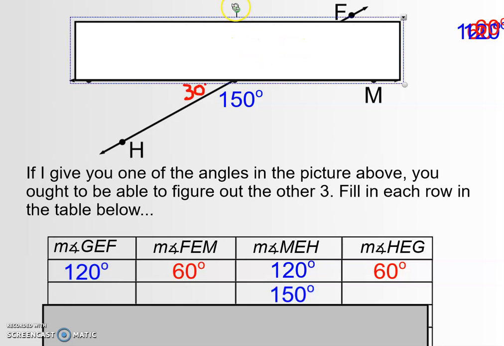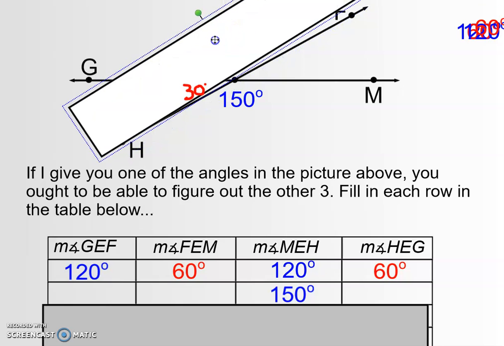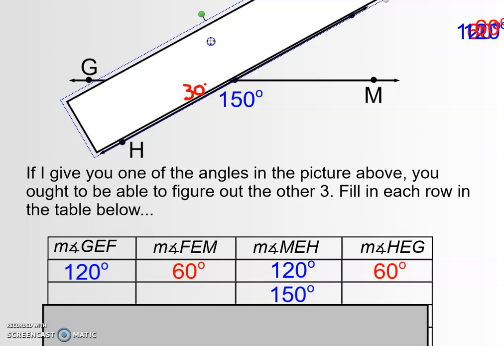And similarly, we could rotate this and we could cover up another portion. So if this is 150, you see a straight line here. And we know that straight angles measure 180 degrees. So if this is 150, this would be 30. And we could keep moving around here.